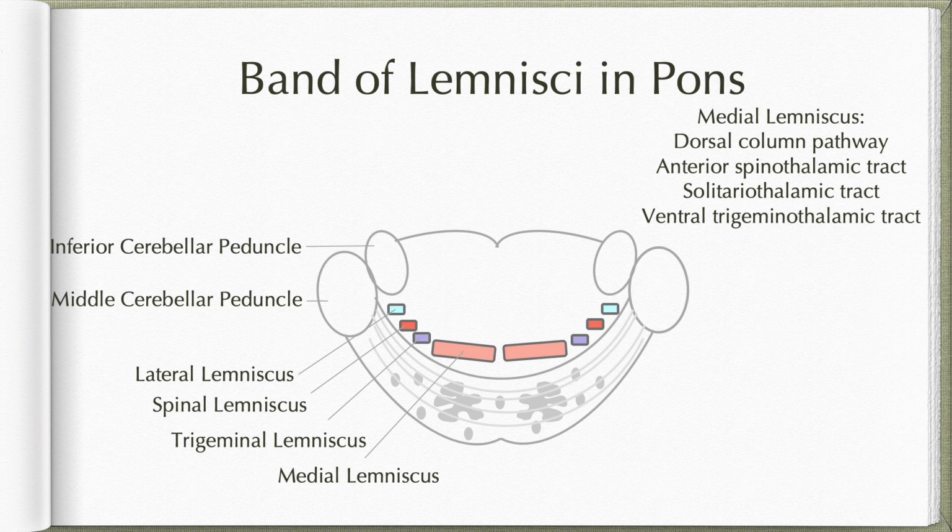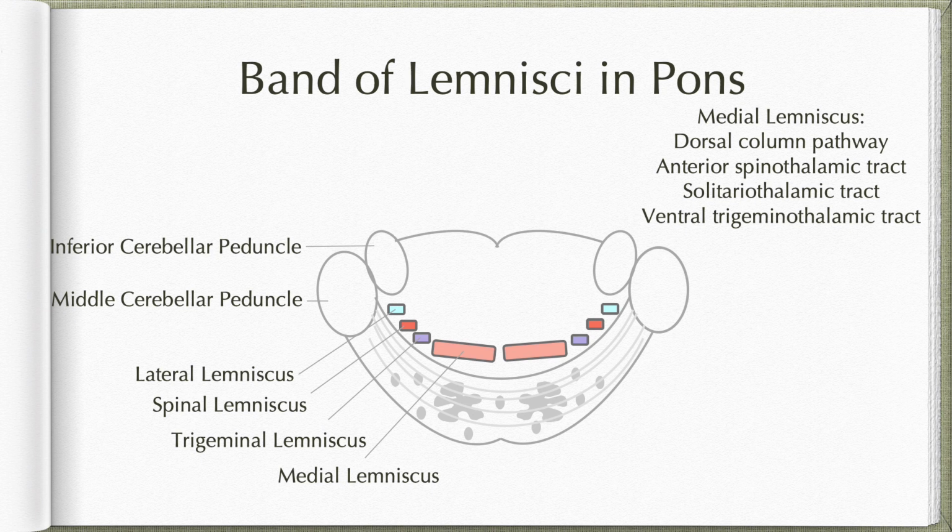Within the pons, it will be joined by the solitariothalamic tract fibers, which will be carrying taste sensations from the contralateral half of the tongue and the pharynx. It will also be joined by the fibers of the ventral trigeminothalamic tract, which will be carrying touch and pressure from the contralateral half of the head.